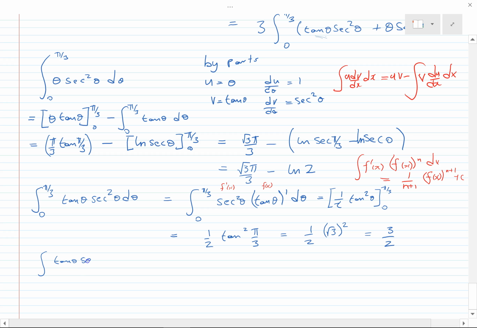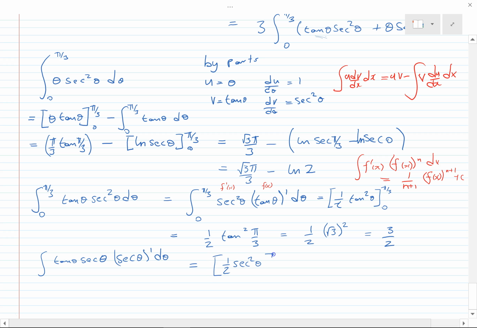They wrote it like this: tan theta sec theta, sec theta times sec theta to the power 1, and then it's also of this reverse chain rule type, but this time sec theta is the thing to the power, and we get half sec squared theta.